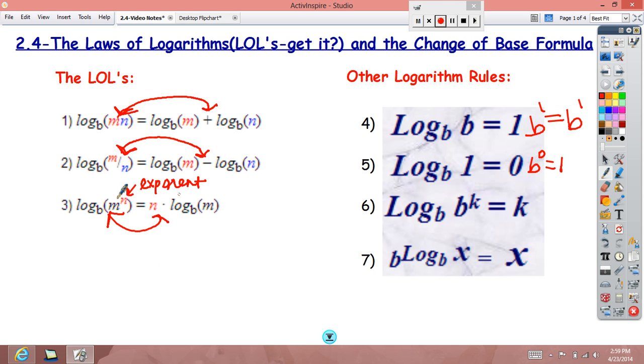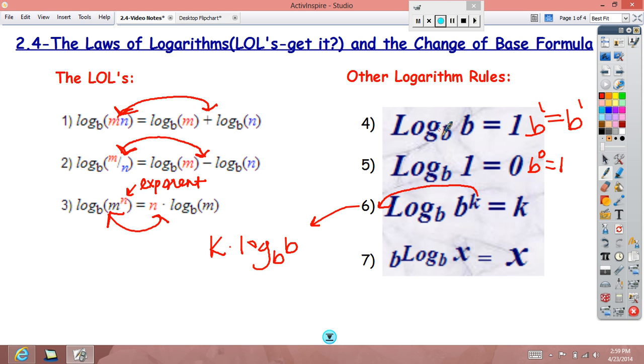This third one is what relates to 6 and 7 here. If I have log base b of b to the k, again these b's are the same. So this k comes down to the front because this is an exponent, using LOL number 3. So this now becomes k times log base b of b.